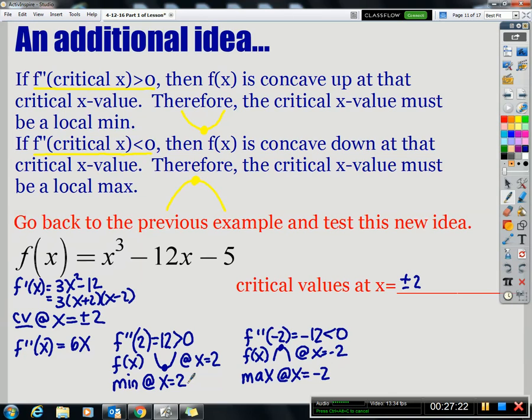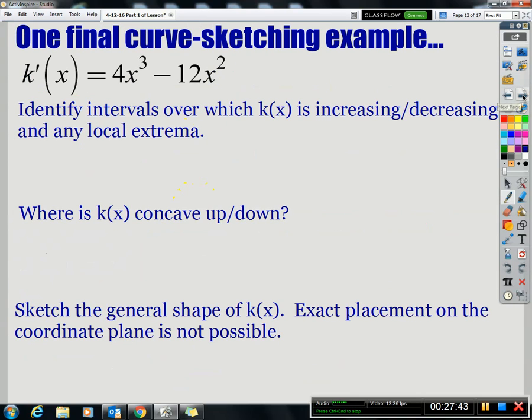The other thing is, if you are asked to find maxes or mins, and it's extremely difficult to plug into the first derivative in order to do a sign chart, you'll sometimes find it's a lot less painful to plug into the second derivative. Of course, sometimes finding the second derivative is so difficult that it would be harder to do this new test. So it's always something you've got to think about.